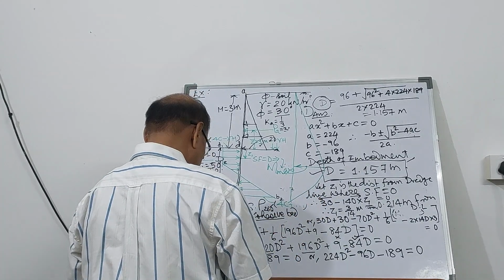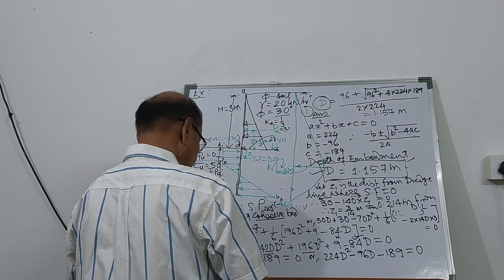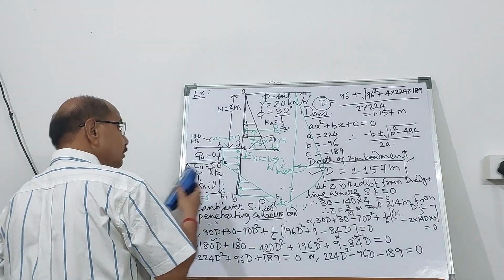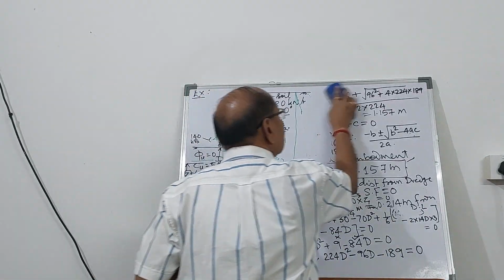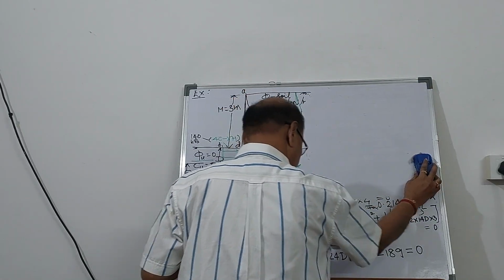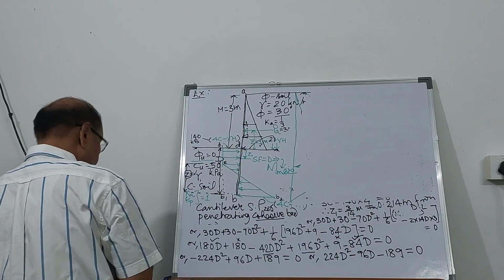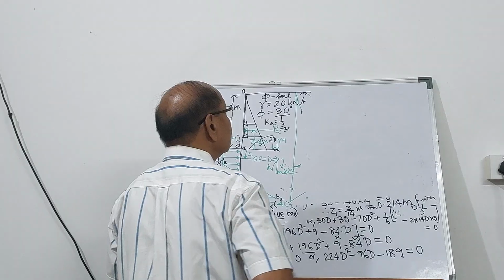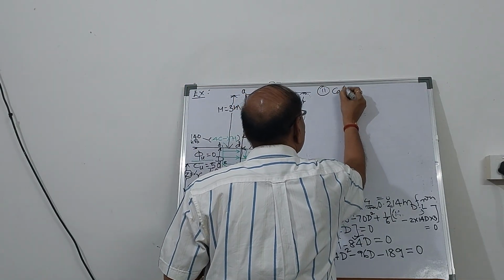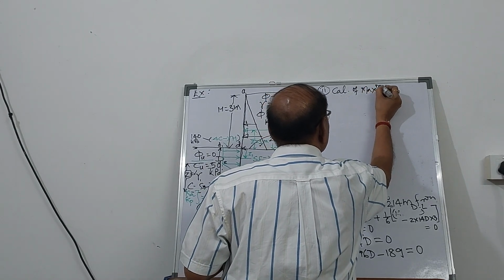So to calculate the maximum moment, let's find out the magnitude of the maximum moment. 0.214. So now the second part of this problem is calculation of maximum moment.